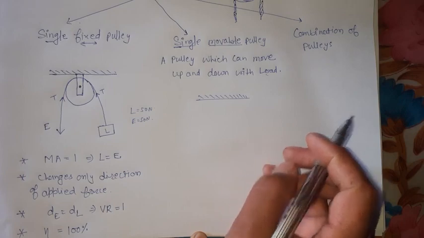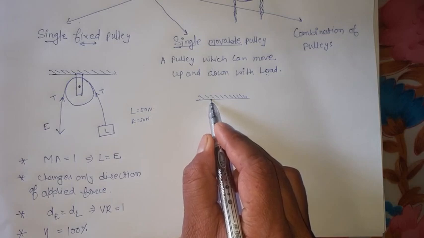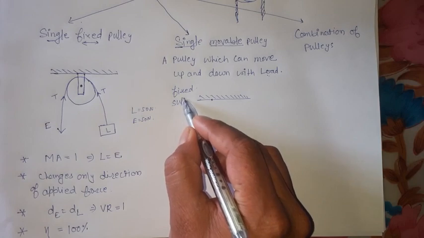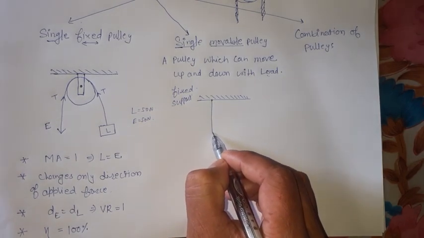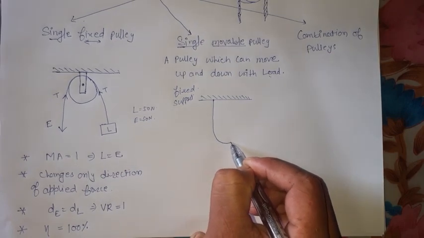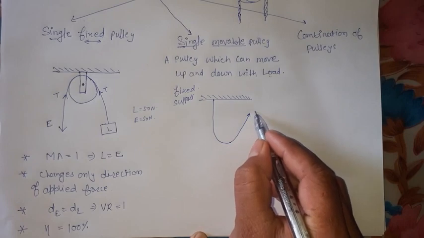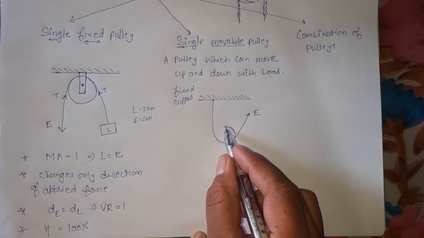You can understand it this way: there is a rope, and one end of the rope is tied to this fixed support. You can note it down. The other end is here, where we will apply the effort, and here we have the pulley.